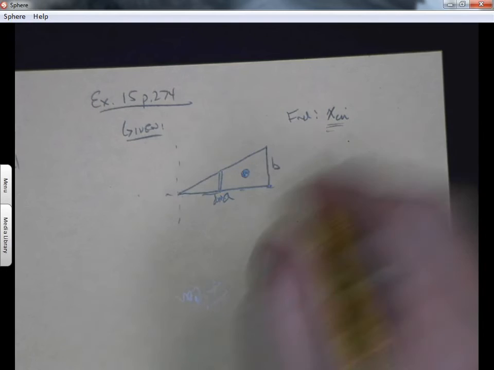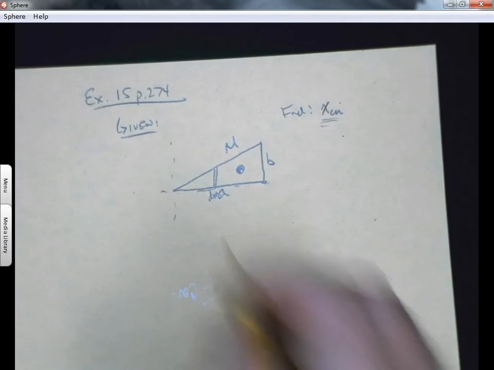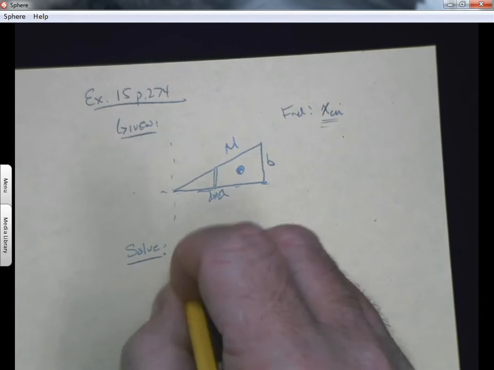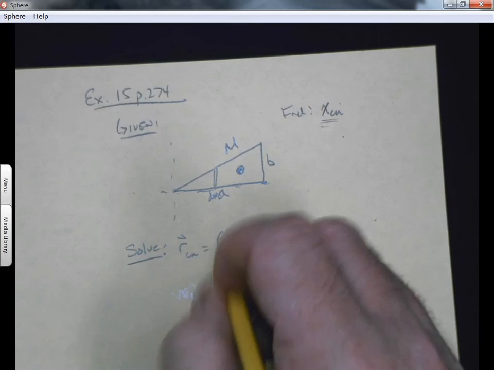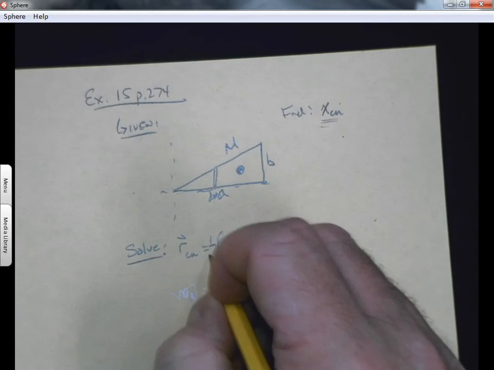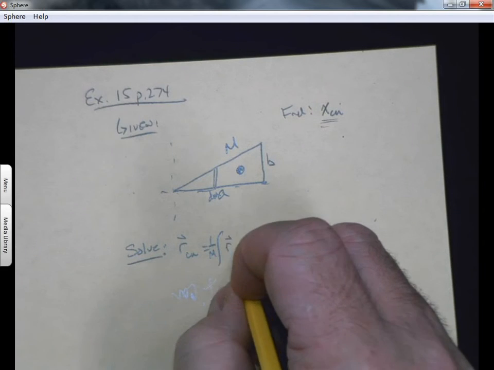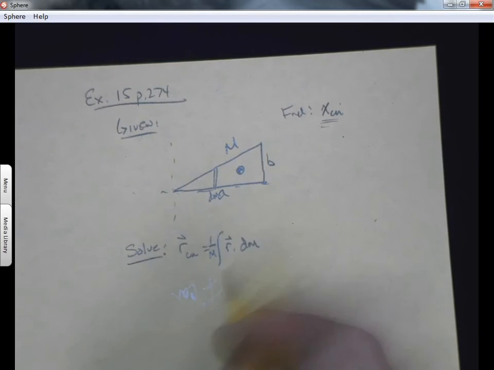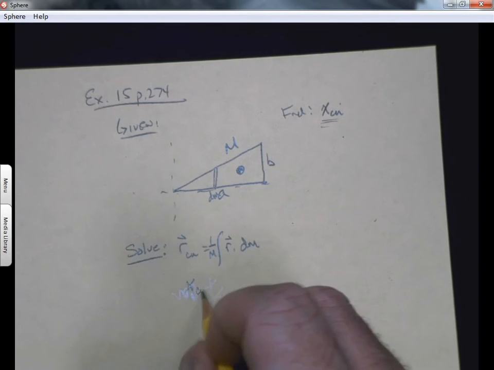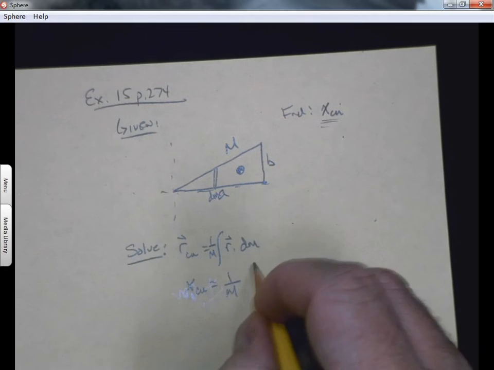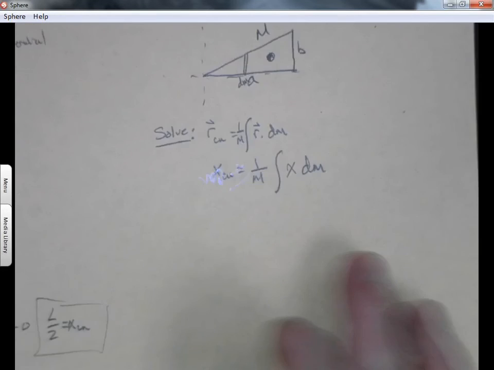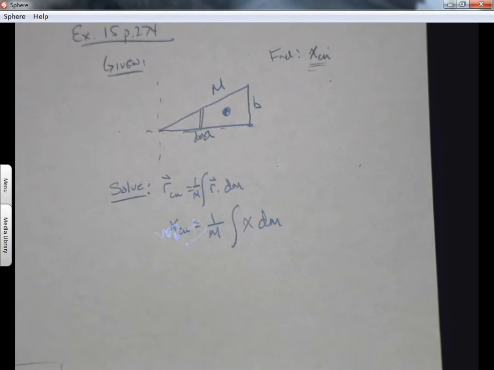Our total mass is M. This whole thing has a mass of M. Alright, we want to solve, but if we're just looking for the x direction, then we just want x cm equals 1 over M integral of x dm.